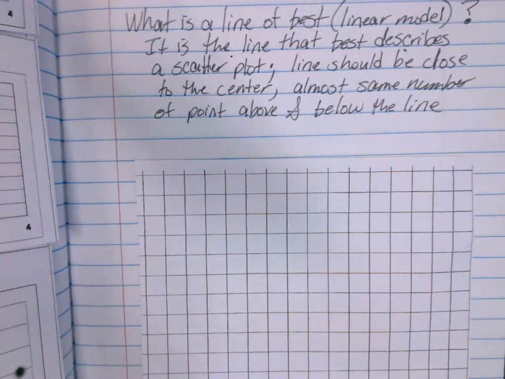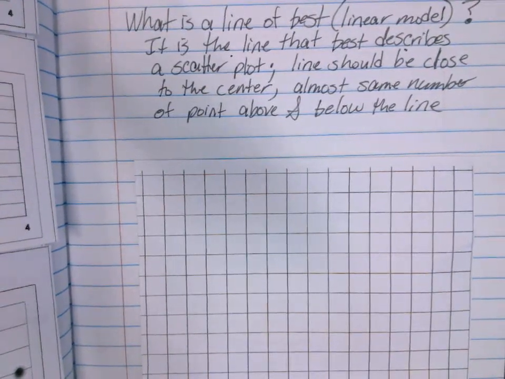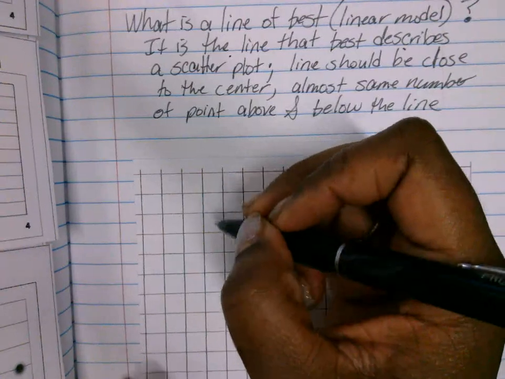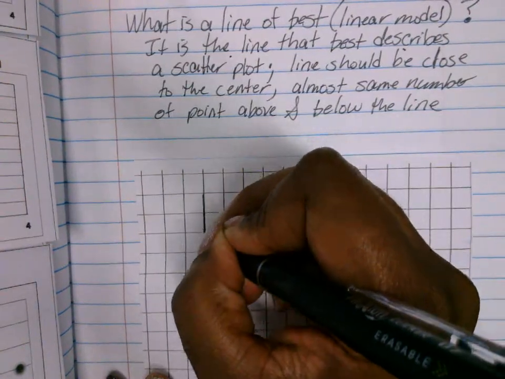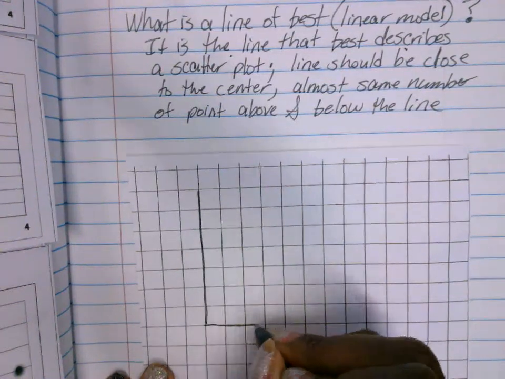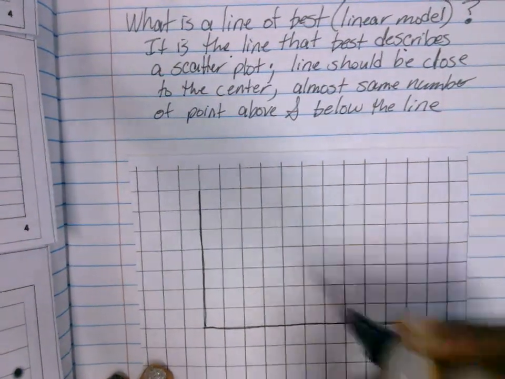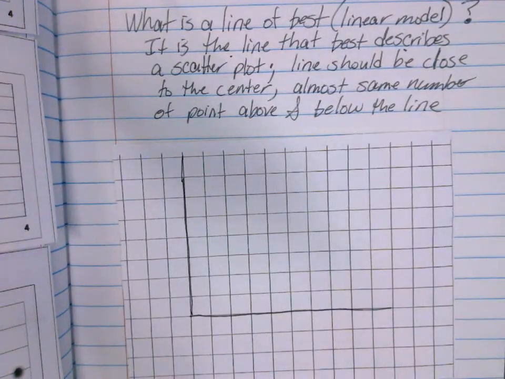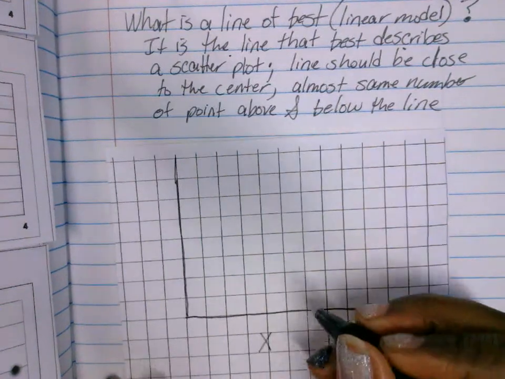Okay, so we're going to do positive correlation first. We're going to glue after we finish. All right, so I'm going to draw X and Y axis. I'm going to do a very small one. Come on, guys, just pay attention. This is the X axis.